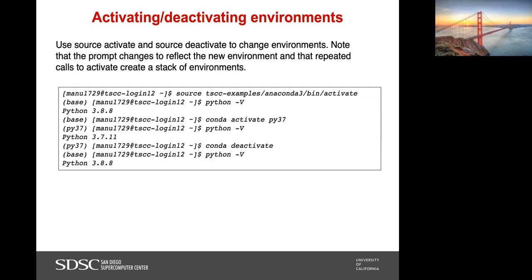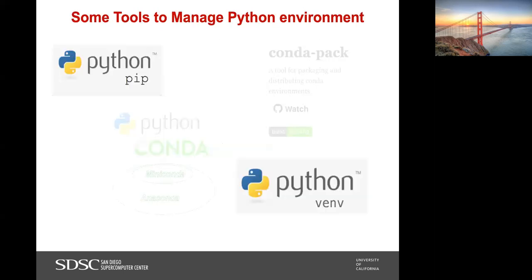And say you do your experiments and now you want to revert back to 3.8.8. What do you do? You just deactivate the current environment, and you see that the prefix has changed back to base. And when you do a python -V, you see that your Python version is 3.8.8. So this is the way of switching between the environments.